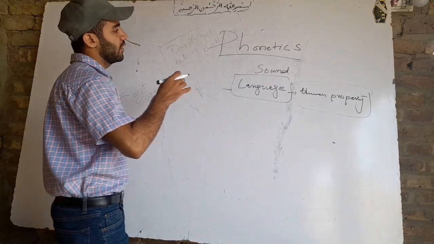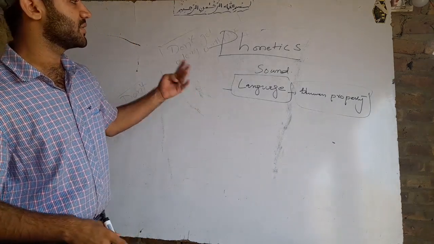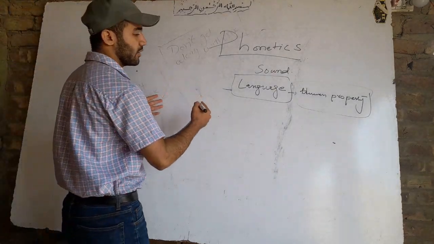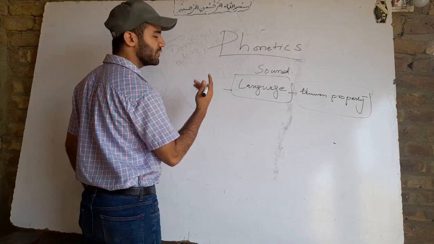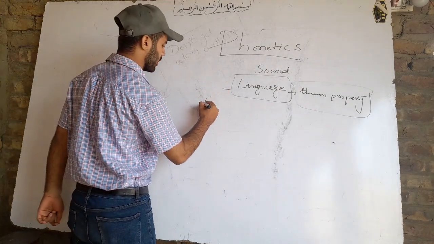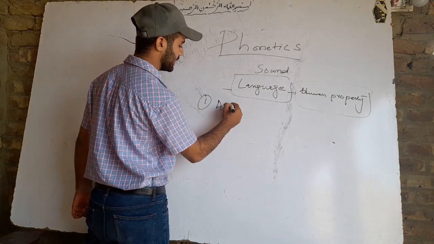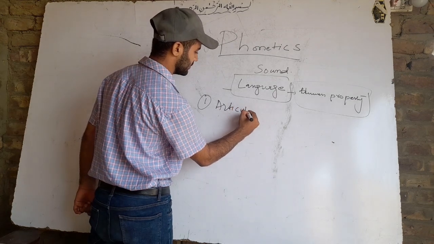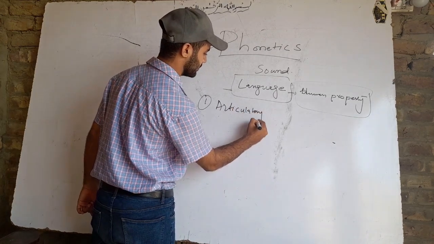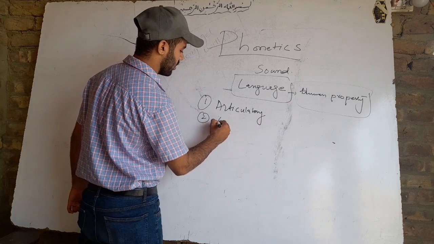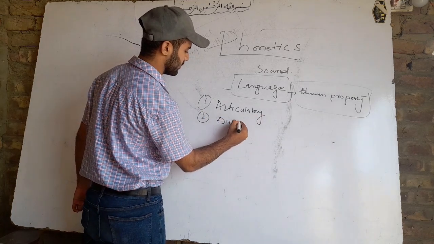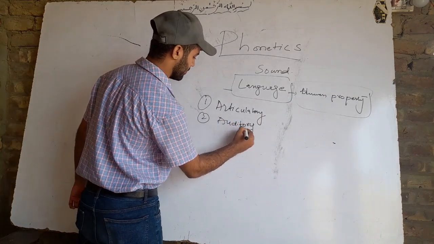So as phonetics is a study of human speech sounds, let's talk about its branches. There are only 3 branches of phonetics. Number 1 is articulatory phonetics, then auditory phonetics, and acoustics.